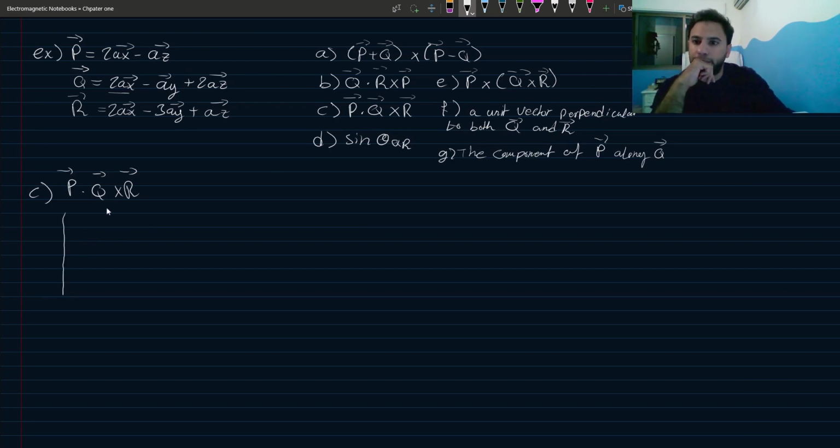We draw a line and then we write the components of P, which are 2, 0, minus 1. Be careful that it has no y component. You can write it as 2ax plus 0ay minus az to make things easier for you.